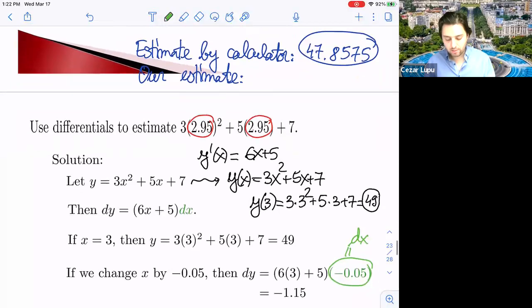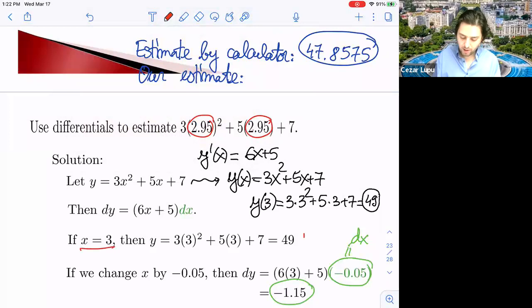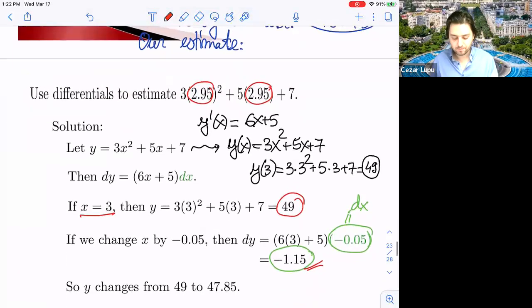So now we can compute this, and it will give us this number, negative 1.15. And now we started from y when x equals 3, which is 49. But now when we change this by just a little bit, we'll get this number here. So y will change from 49 to 47.85.